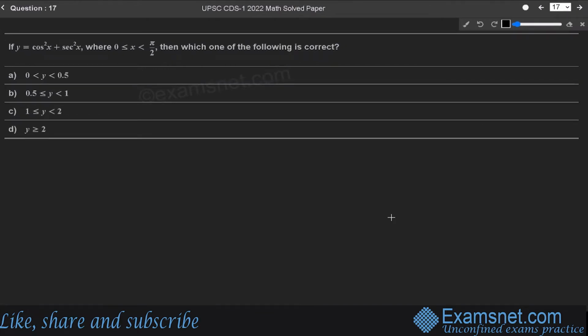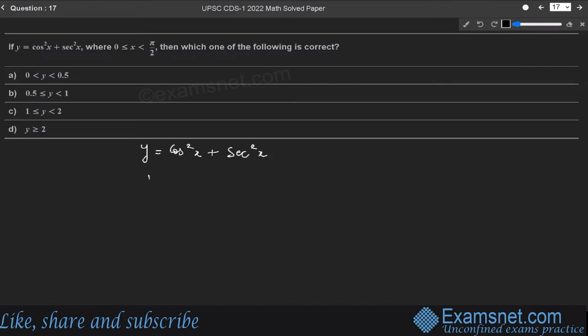Next question is, if y is equal to cos square x plus sec square x, where x lies between 0 and pi by 2, then which one of the following is correct? It is a question from trigonometry, and to solve this question we need to understand some concepts.